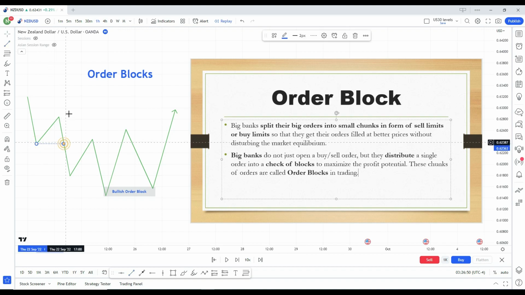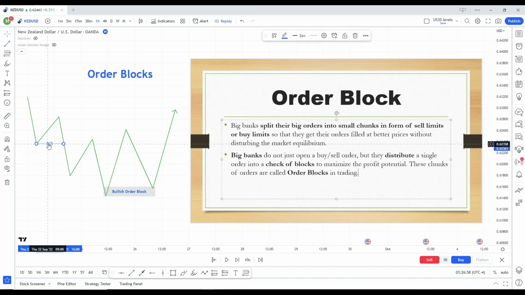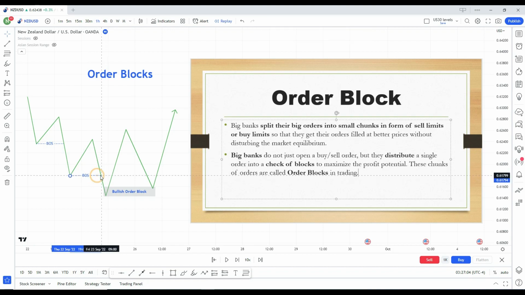This is a break of structure. So this is a clear downtrend because it is making lower high, lower low, lower high, lower low.